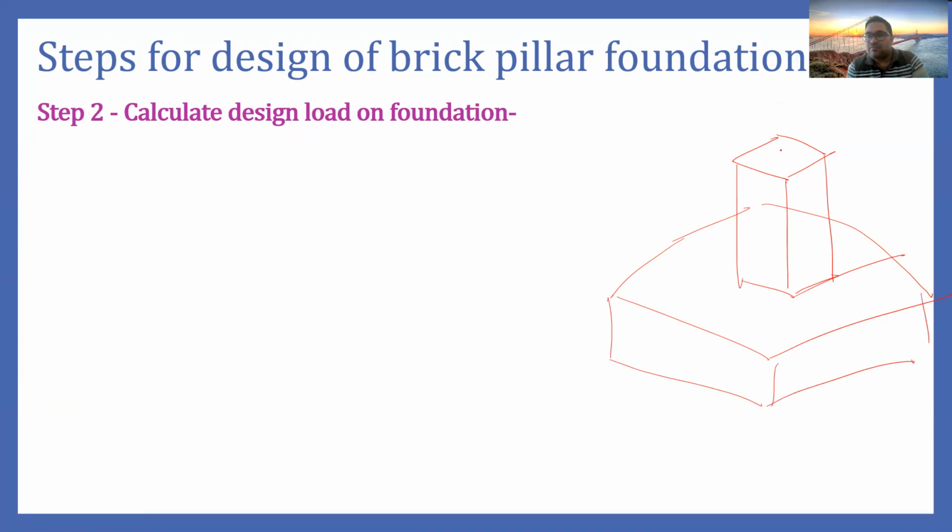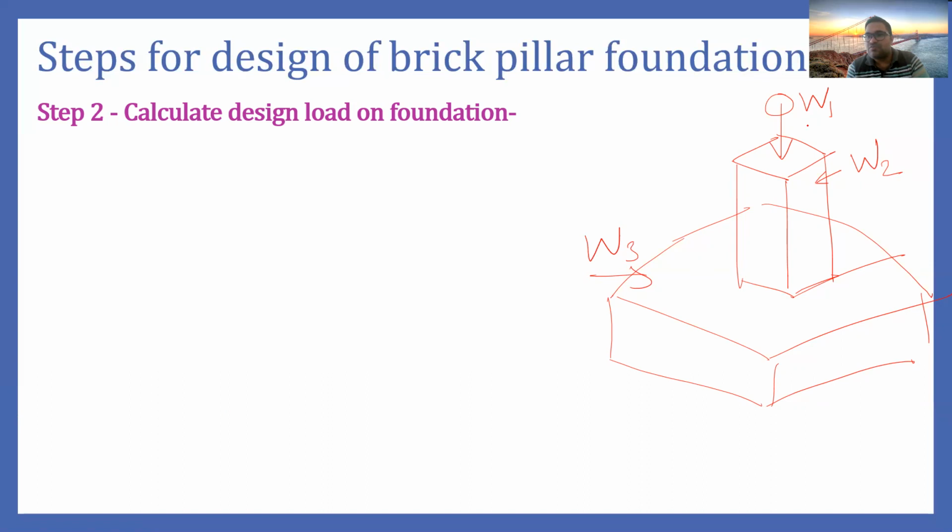Now when the load is coming on the pillar, this load will be called the external load. Say this is W1. Along with this, we will have the self weight of pillar, which we will consider as W2. Along with this, we will have the self weight of foundation also, and that will be W3.